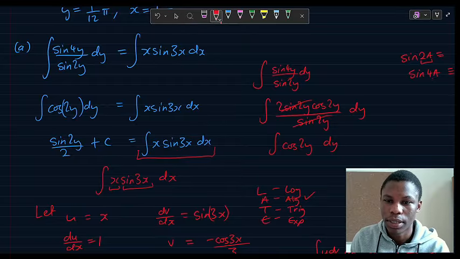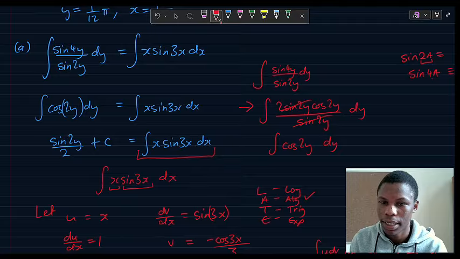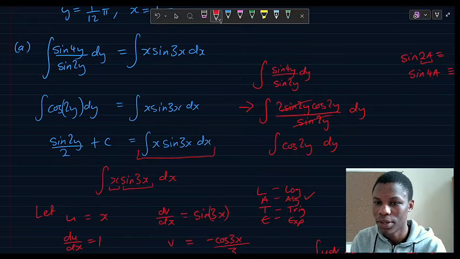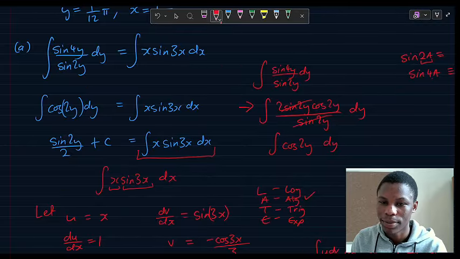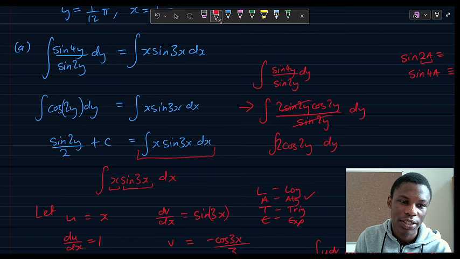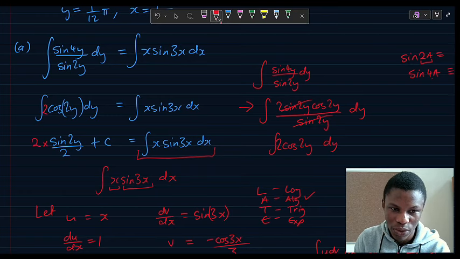Okay, so I've just noticed that we made a mistake. When we were here and we were integrating 2 sine 2y equals 2y over sine 2y, this should have been 2 because it's only the sine 2y's that cancel out. So I should have added 2 here, which is going to multiply this 2 here.